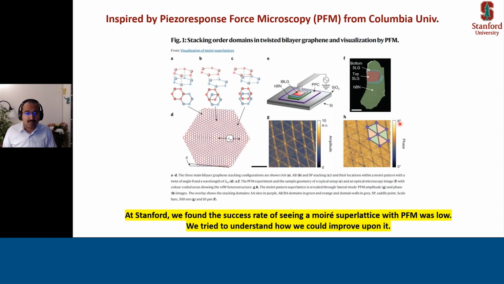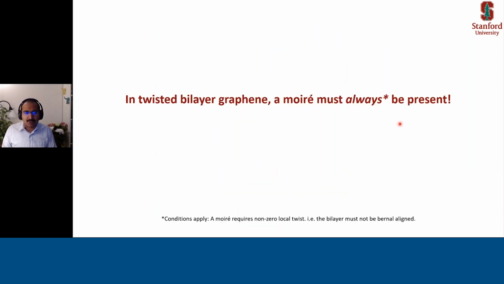And we actually were inspired to replicate this work. Coincidentally, this work was also performed on a Bruker Dimension Icon, something that we had available here at Stanford. And as we started trying to replicate this work, we found that in our implementation here at Stanford, our success rate was very low. We didn't quite understand what we were doing wrong, and we tried to dive deeper.